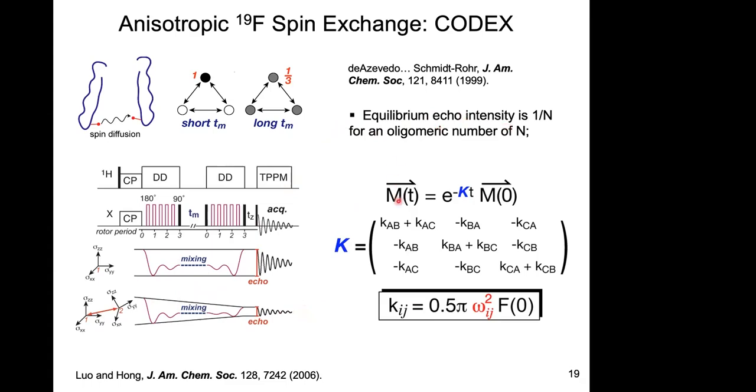And then the rate of that decay follows this equation. Your magnetization at time t later is going to be related to the initial magnetization through this exponential matrix, where this K, the rate matrix or exchange matrix, has these components for the case of a 3-spin cluster.